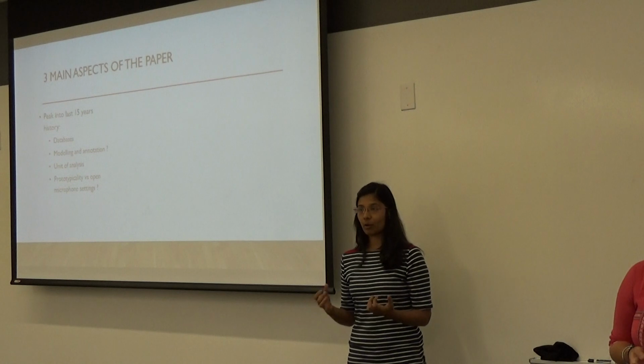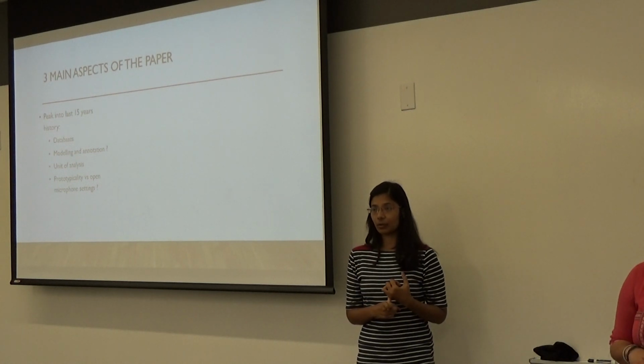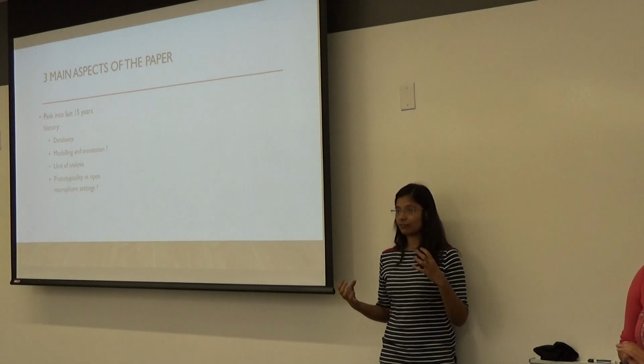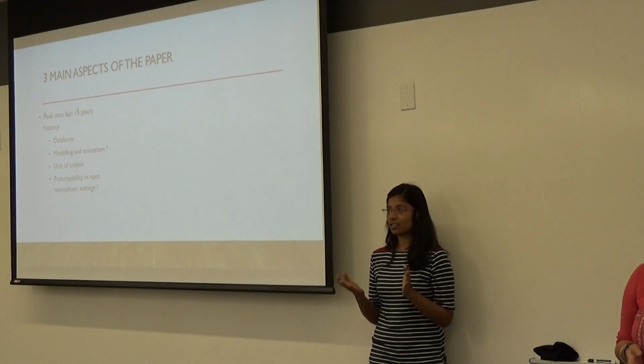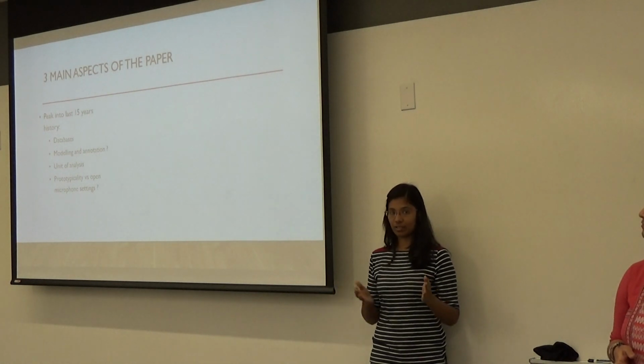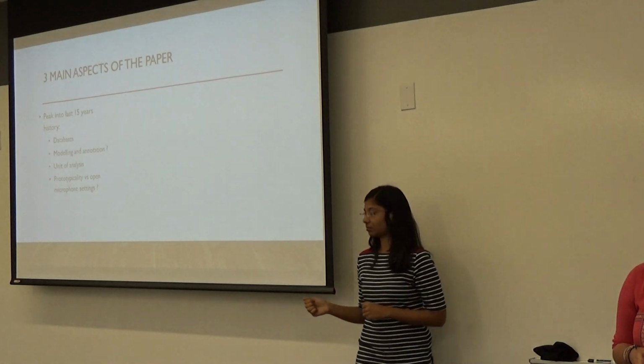Like we talked about today, modeling can either be categorical or dimensional. Categorical is basically positive, neutral, or negative, and dimensional is from arousal to valence, or a continuous curve where you can give points to the emotion.